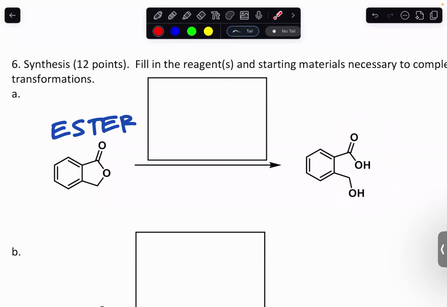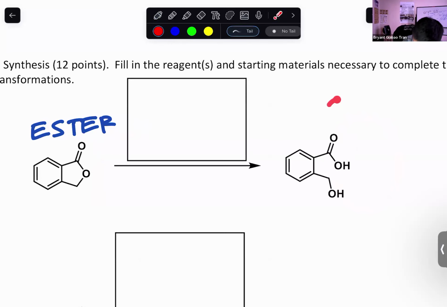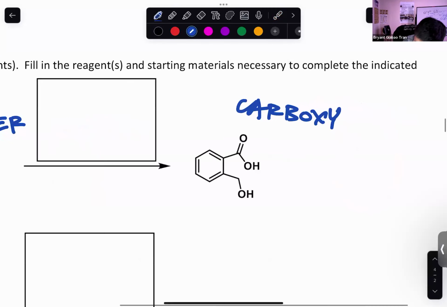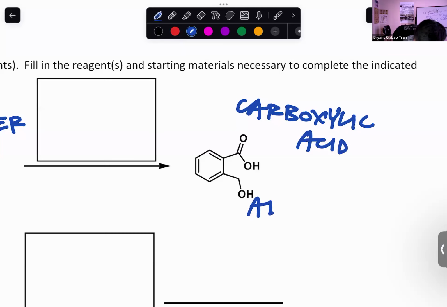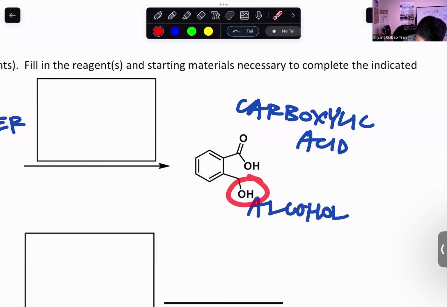That'd be a carboxylic acid. Yep. That would be a carboxylic acid where you have a carbonyl next to a hydroxy group. And we also have an alcohol, this OH group right here.